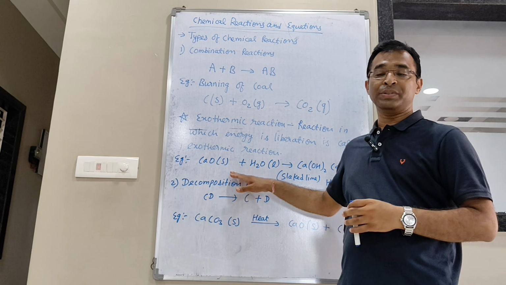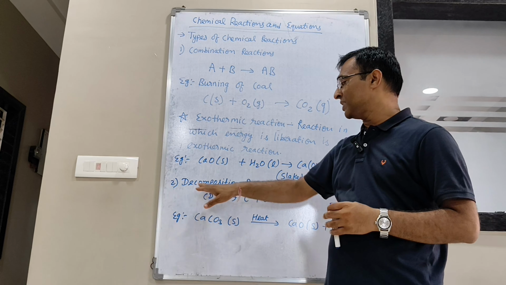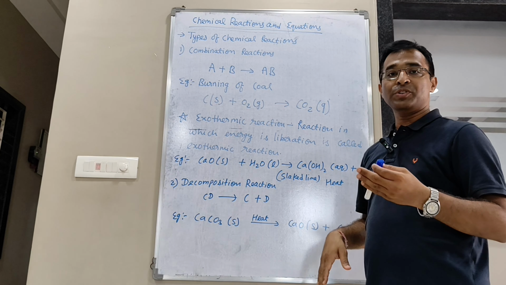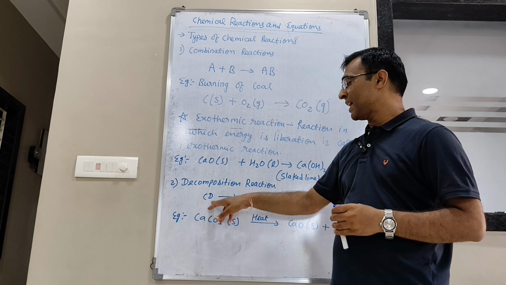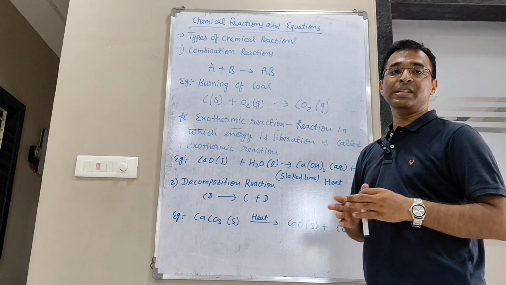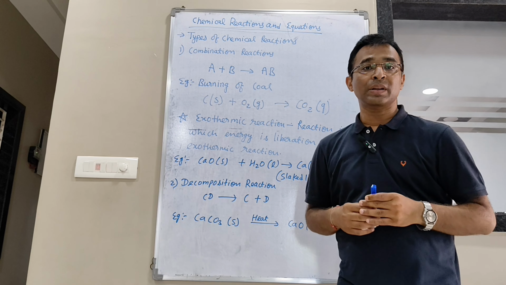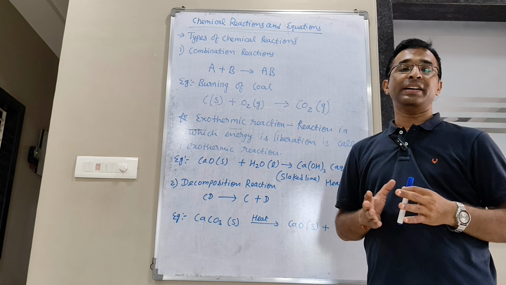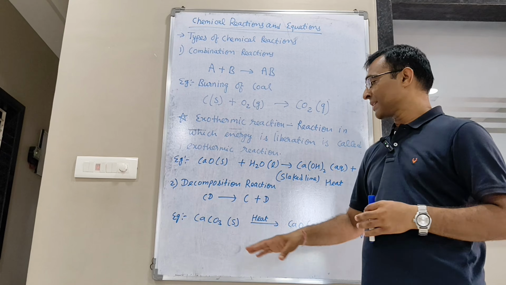Hope it is understood. The second type of reaction is the decomposition reaction. In a decomposition reaction, C and D is produced when one compound reacts to give C plus D. It means the element or compound is split into its constituents.